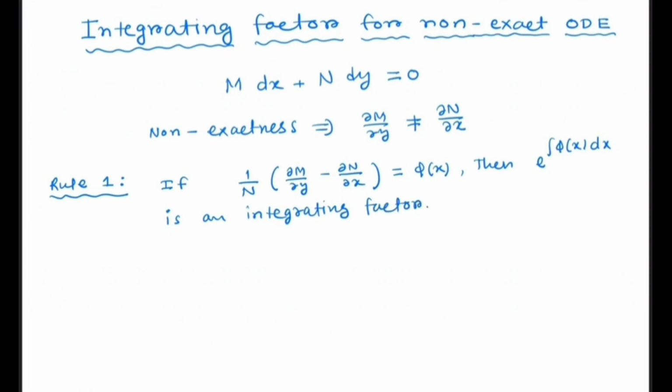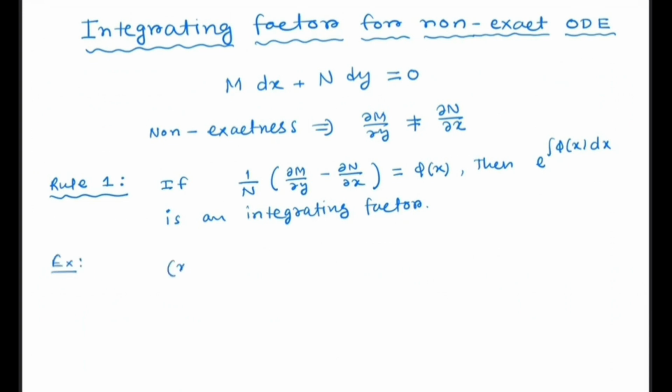So that means we have to calculate 1/N times (del M/del y minus del N/del x), and if it is a function of x, then e power integral of that function dx is an integrating factor. So let us understand this rule by an example.